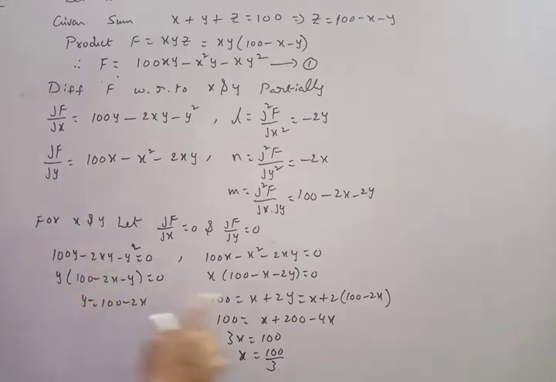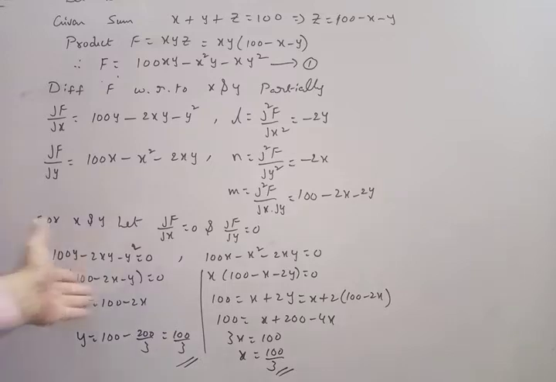I substituted the y value here, so I got the value of x as 100 by 3. Then 100 minus x is 200 by 3; taking LCM, 300 minus 200 is 100 by 3. So x is 100 by 3 and y is also 100 by 3. From here you can also equate y is equal to 0, x is equal to 0, that is also one point, but not required. So we got x is 100 by 3 and y is equal to 100 by 3.